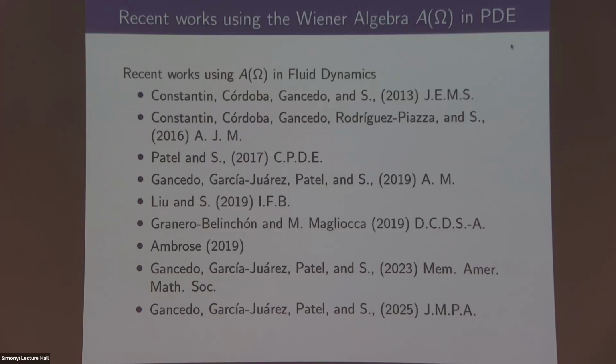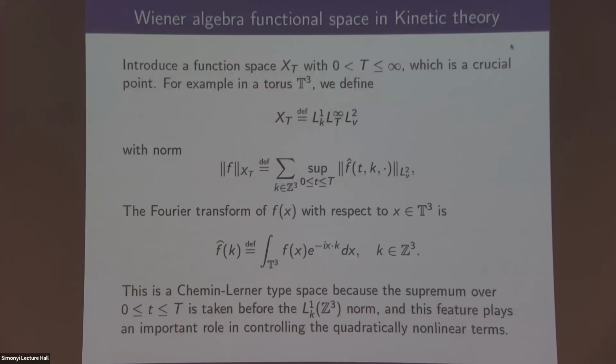I won't read you everyone's name, but this is the most recent paper, and I just finished giving the corrections to the journal 2 years ago. Okay, so for kinetic theory, we introduced this function space. I was at a kinetic theory conference at the University of Wisconsin-Madison, and my collaborator Renjun Duan was there.